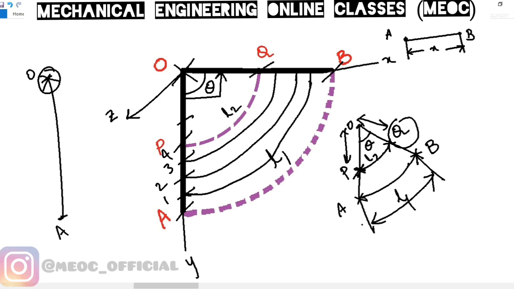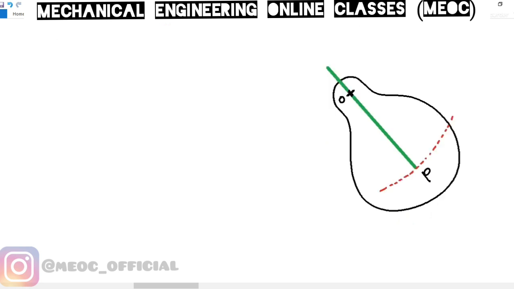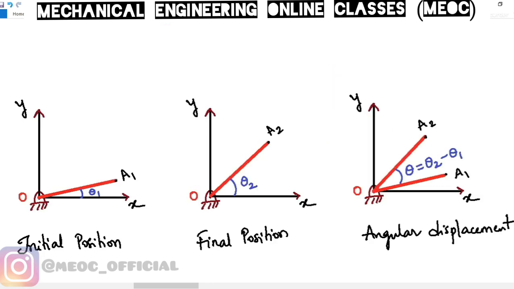We have derived all the kinematic laws of particles, which you can go through in the playlist of kinematics of particles. But here the displacement is not linear, it is angular. So when the displacement is angular, we call it angular displacement.